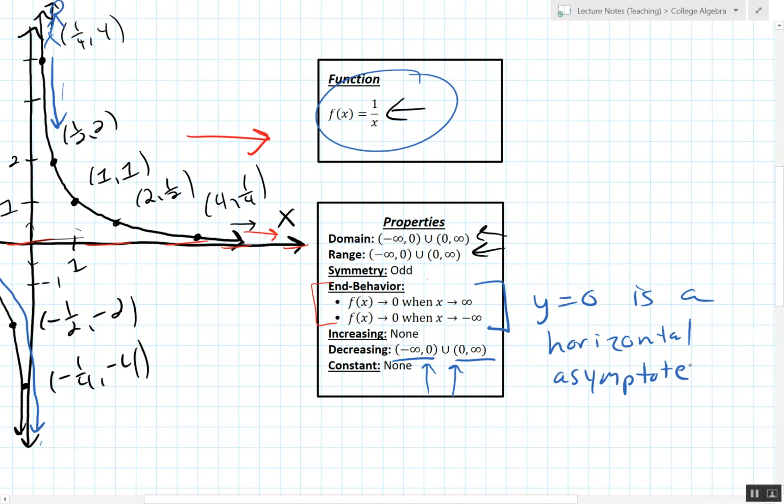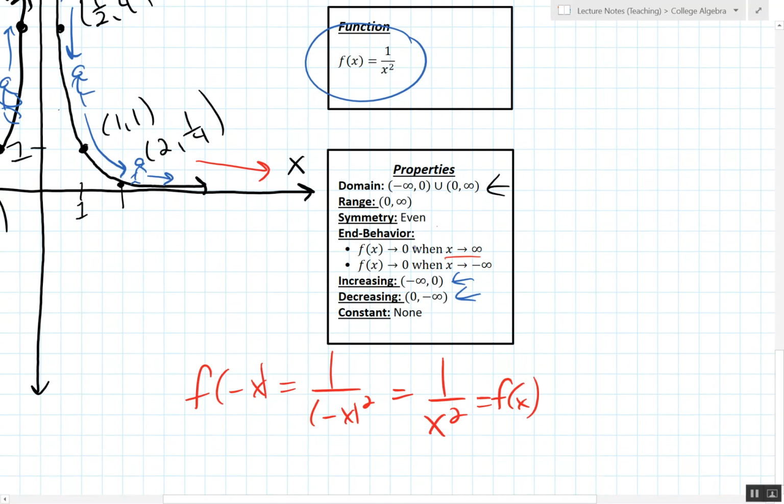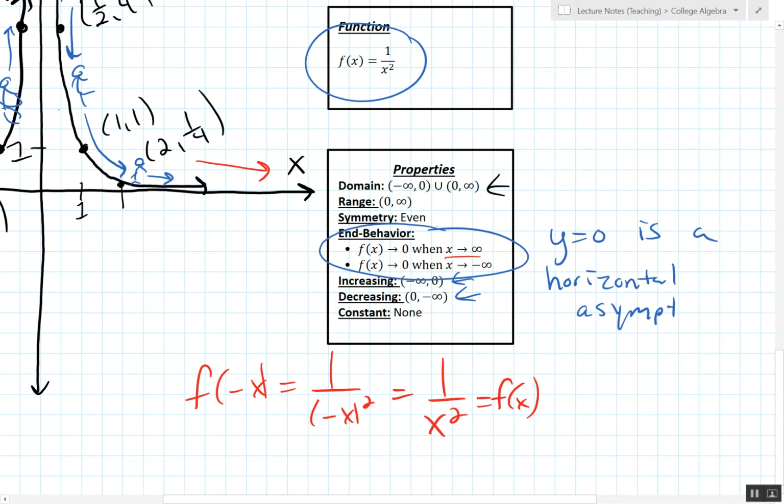And the same thing for the other example: the end behavior here again says that y equals 0 is a horizontal asymptote. So these two functions I defined in the previous video both have horizontal asymptotes. Then in the next video we'll also note that they both have vertical asymptotes.